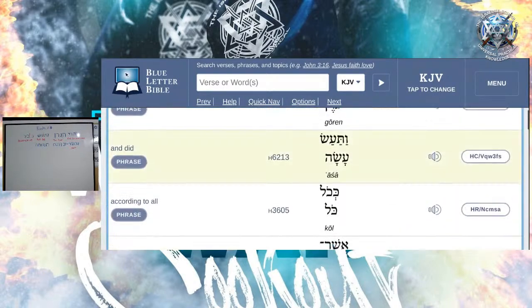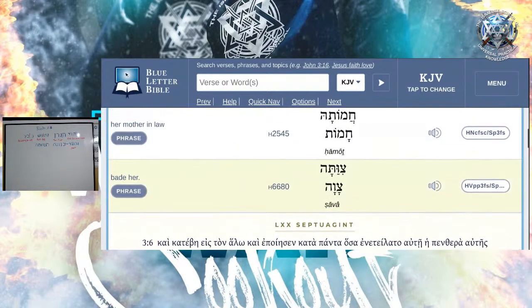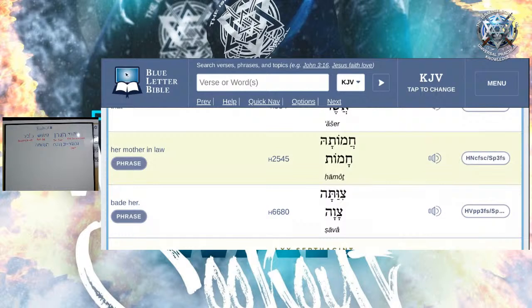So lock in. Tazawatha is she bade her, commanded her, and the root word is tazawa.